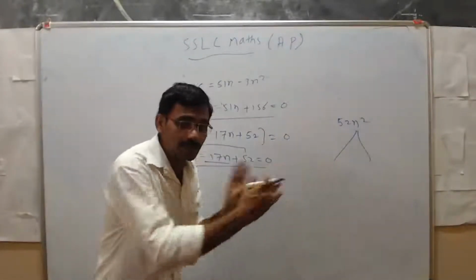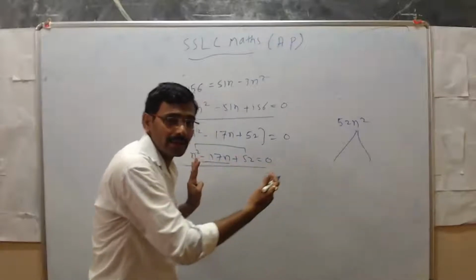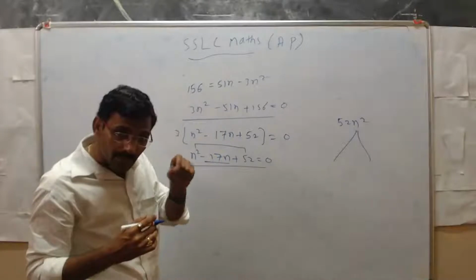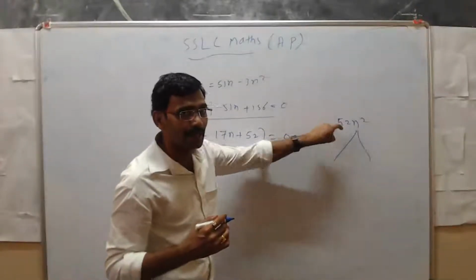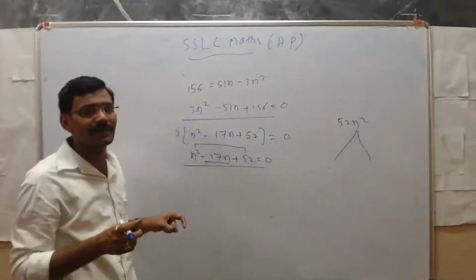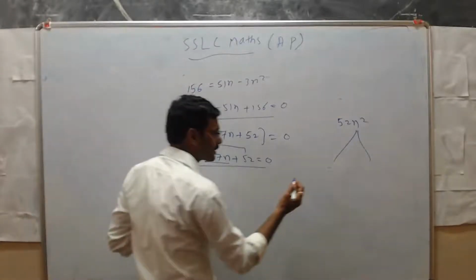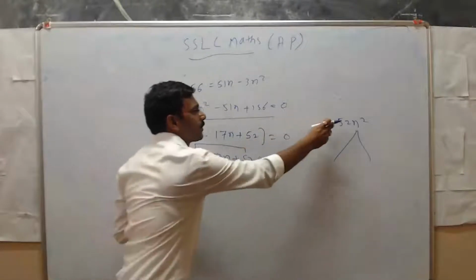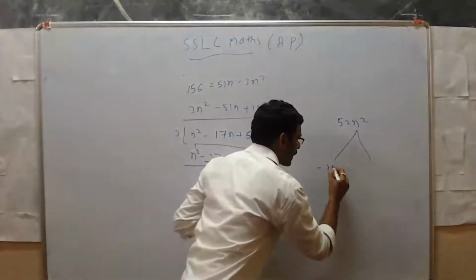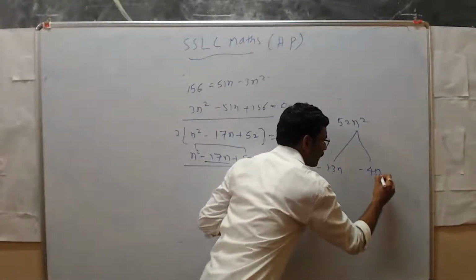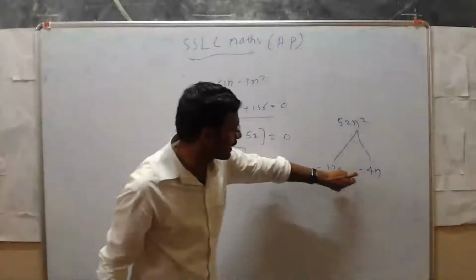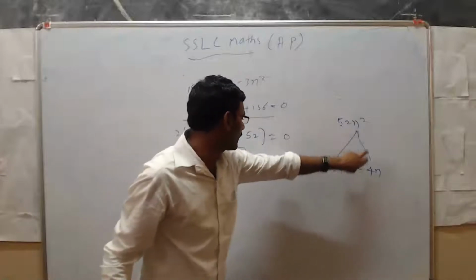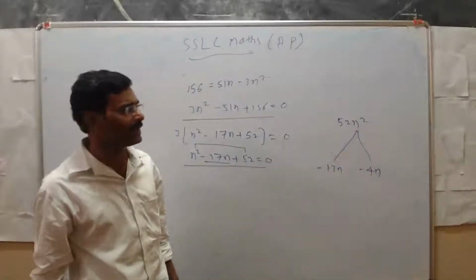After splitting, the multiplication should be 52n square and the addition should be minus 17n. Minus 17n, how can we split it? Minus 13n minus 4n, because minus into minus is plus, 13 into 4 is 52, n into n is n square.